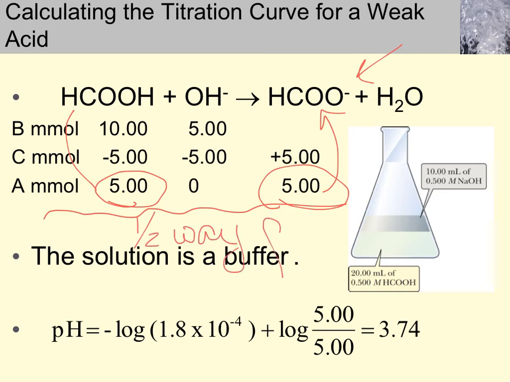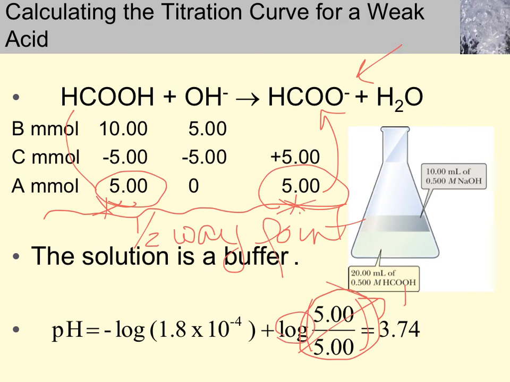So listen really careful at this point, because this can save you a lot of work. The halfway point is magic when you titrate a weak acid, because look what happens. You don't even have to do a calculation if you realize it's the halfway point. At the halfway point, when you have half of the original acid left and you have formed half of the conjugate base that you're going to, this ratio in the Henderson-Hasselbalch equation goes to 1.